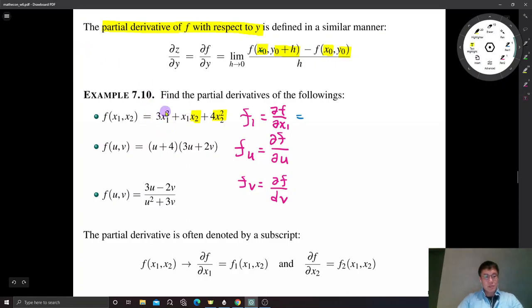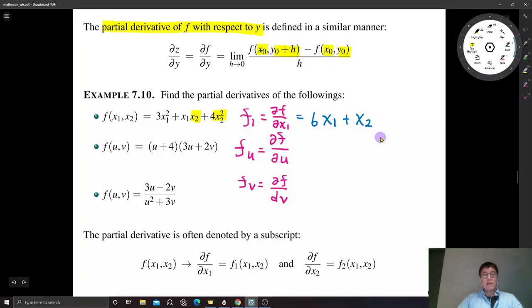So 3x1 squared becomes 6x1. Then we regard x2 as a constant, and that constant is multiplied to variable x1, so that will be x2: x1 becomes 1, and we leave x2 because it is a constant. Then 4 times x2 squared is a constant, so it goes away after differentiation.